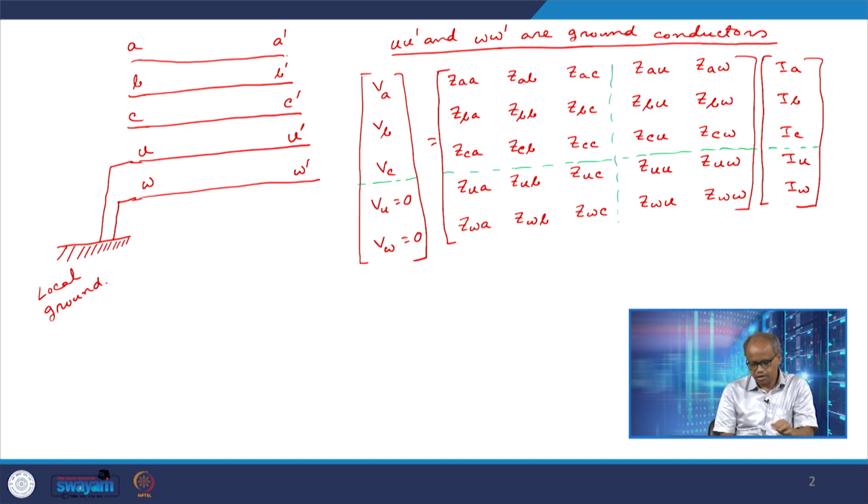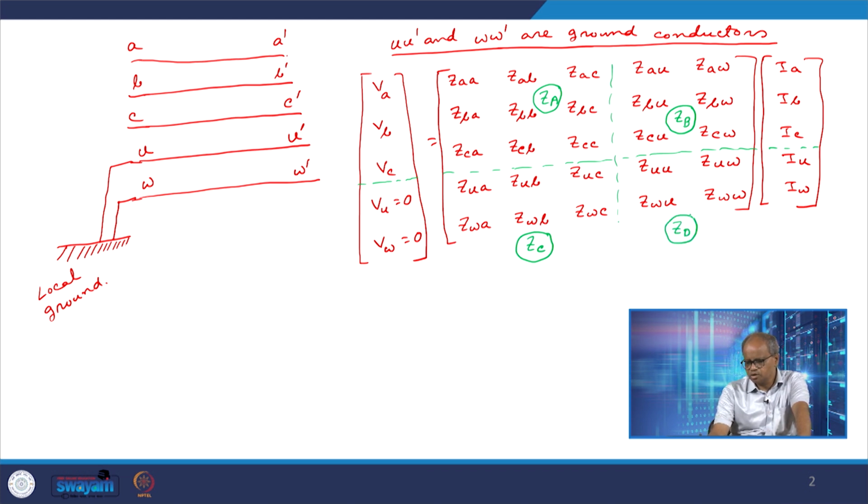We define the vectors, and as usual we say this partition is ZA, a 3 cross 3 matrix. This partition is ZB, a 3 cross 2 matrix. This partition is ZC, a 2 cross 3 matrix.